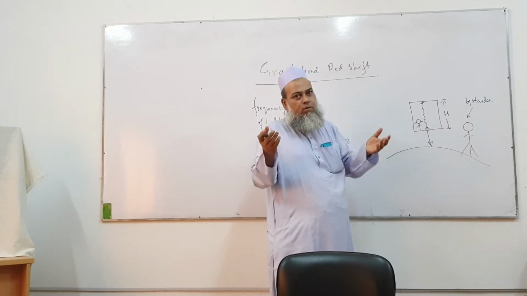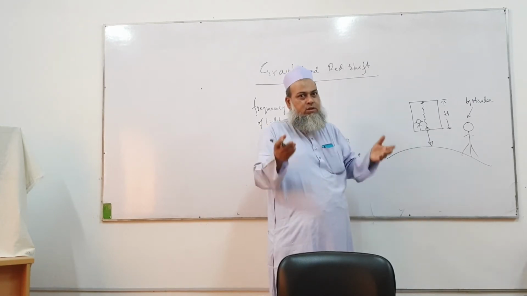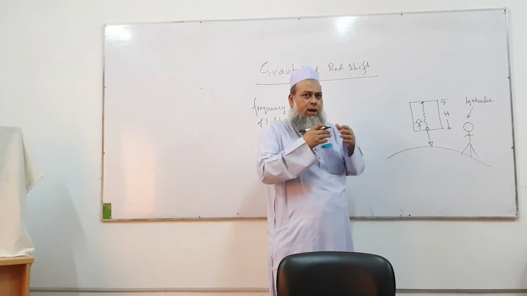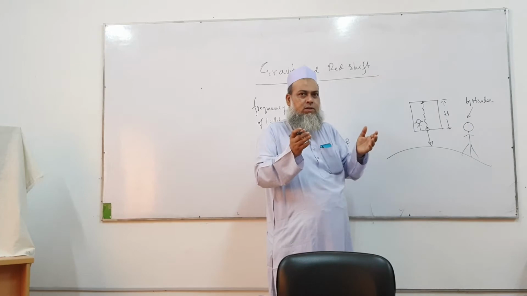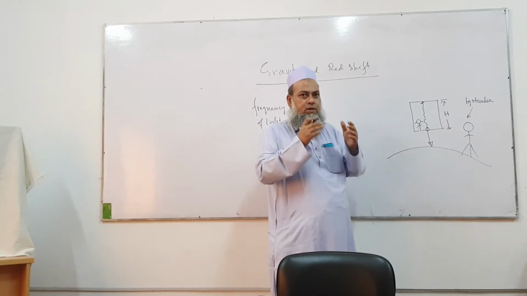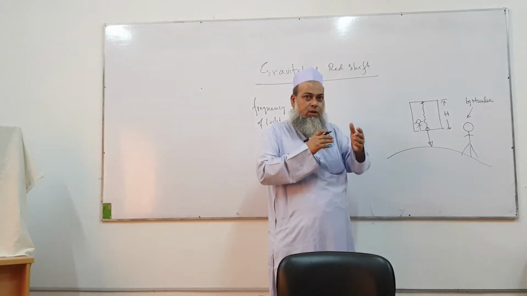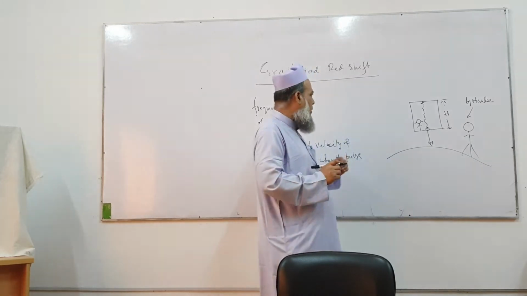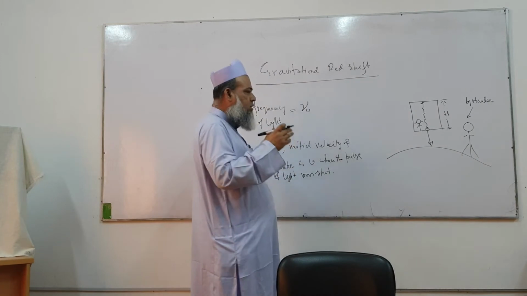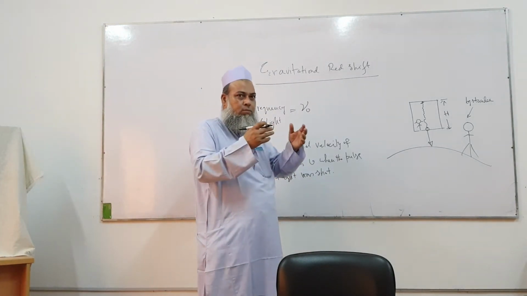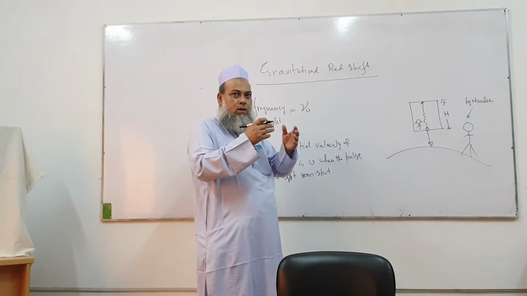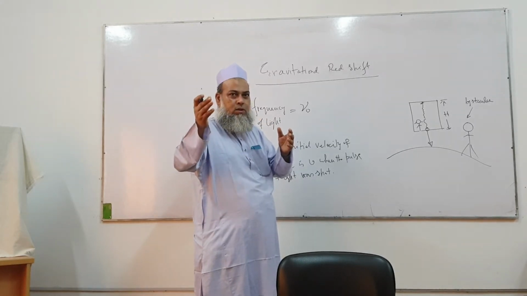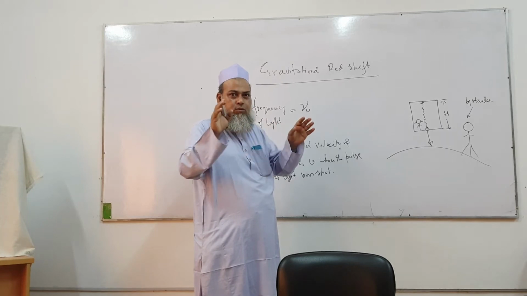Light wave suffers Doppler effect, sound wave suffers Doppler effect, any kind of wave suffers Doppler effect. And this is due to relative velocity between the two observers. Now, for sound, the relation between the source and the received frequency is one kind of formula.